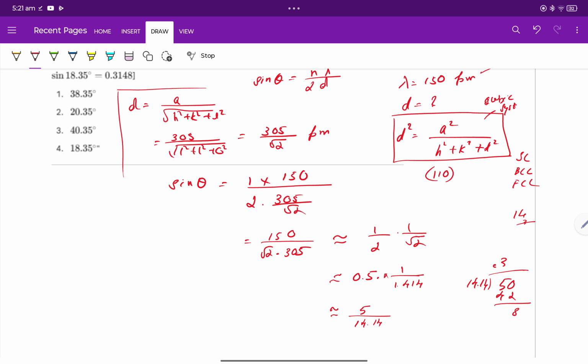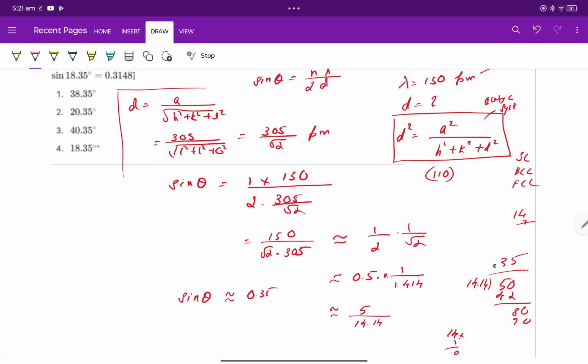Remaining is 8. And 14 into 5 is 70, so this will be 0.35. Meaning to say, approximately sine theta will be equal to 0.35.